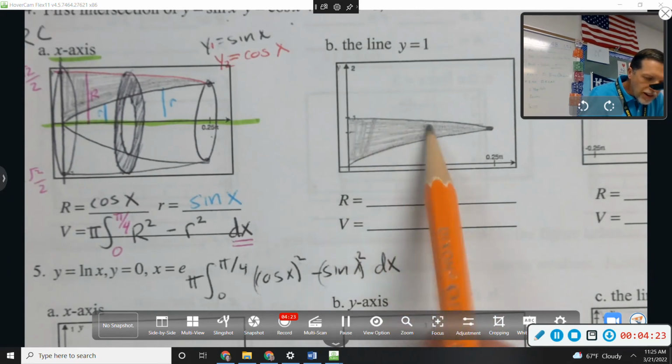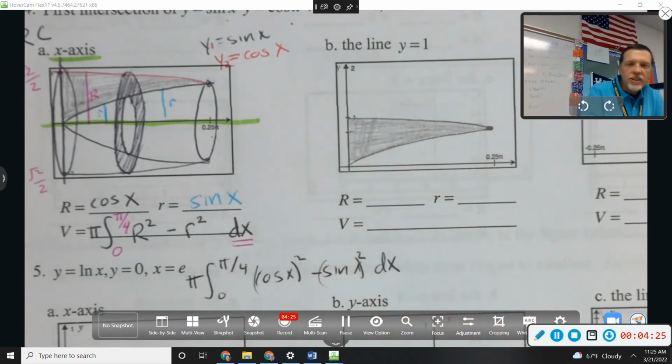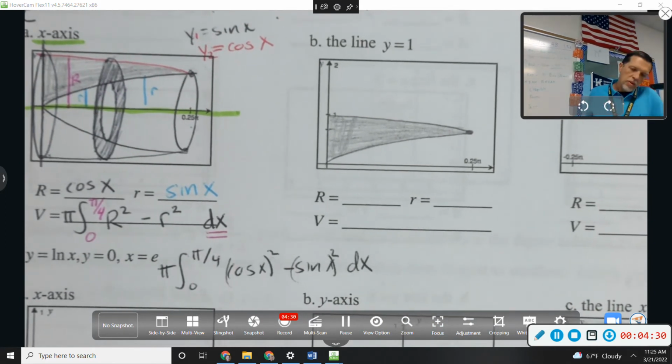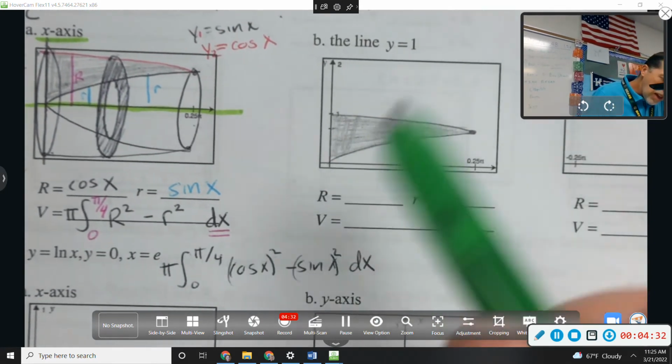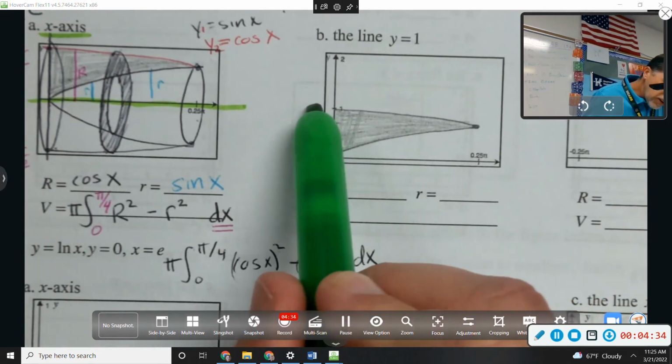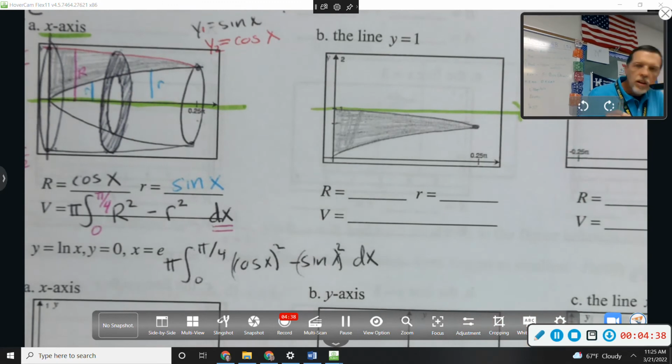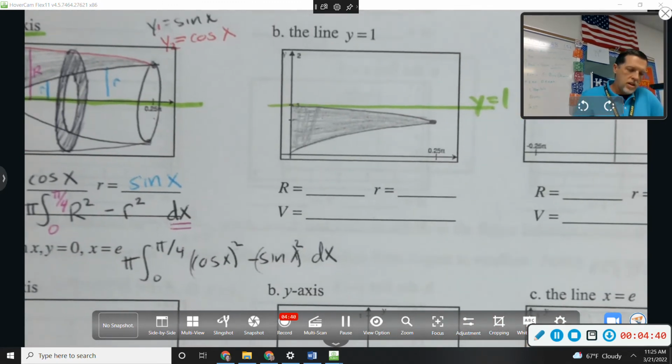And it's okay to take a little time to make your picture look nice. So there's the base area. The axis of rotation is y equals 1. Then let's reflect my picture across that.